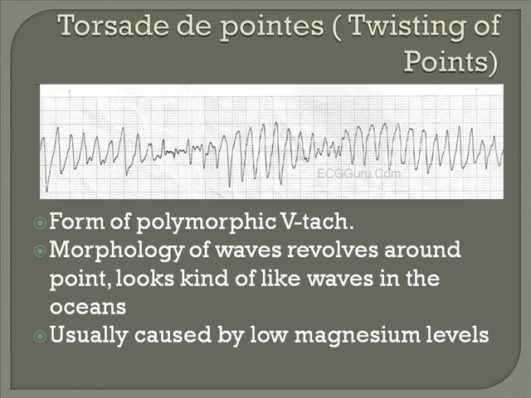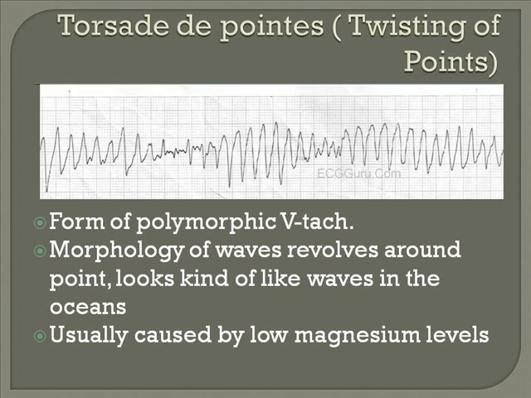Now, as I said, there can be a VTAC that is called polymorphic. And when you look at this strip, you'll notice that the QRS complexes look significantly different from beat to beat. This is called torsade des pointes, which is French for the twisting of points.